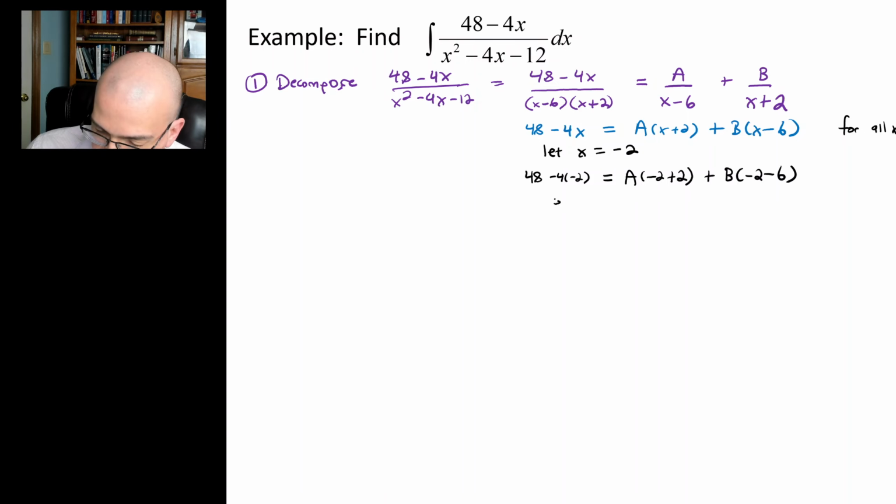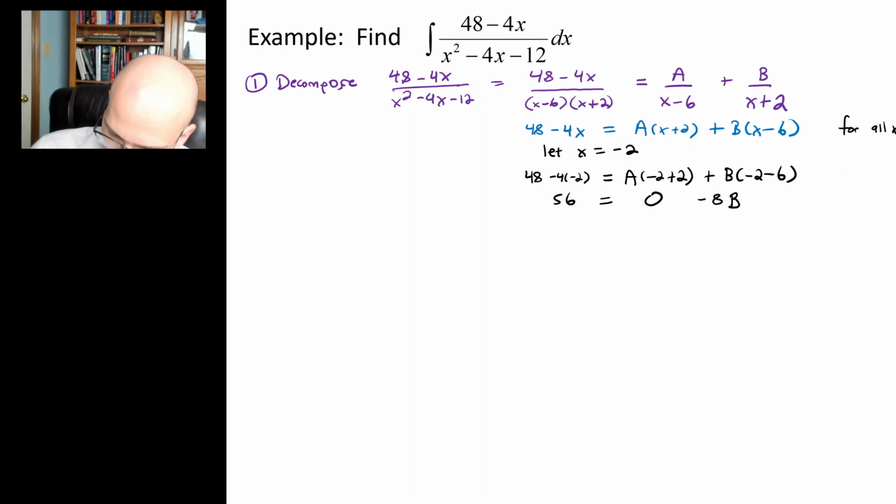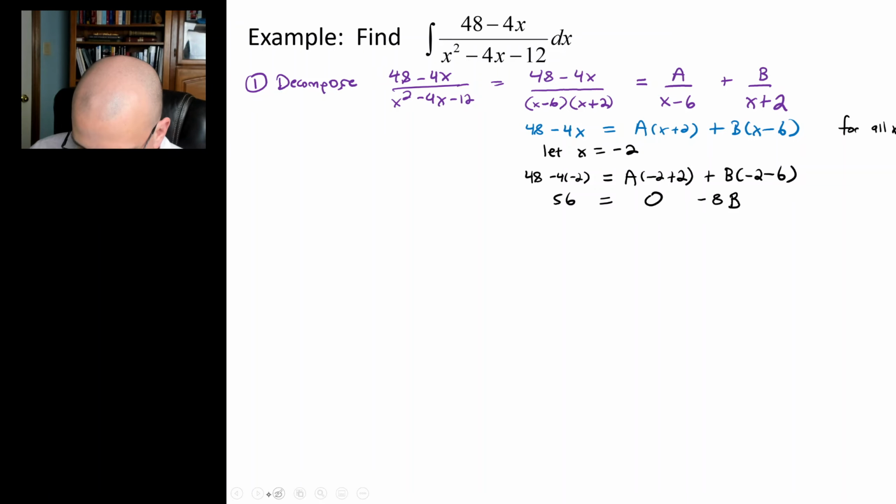So I'll have 56 is equal to 0 minus 8 times b, so that means b is equal to negative 7. 56 divided by negative 8.